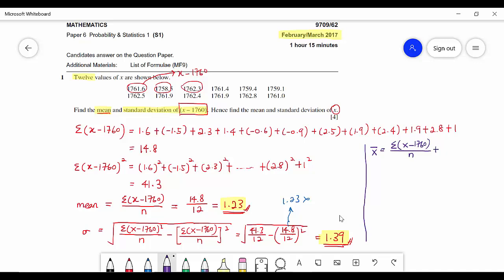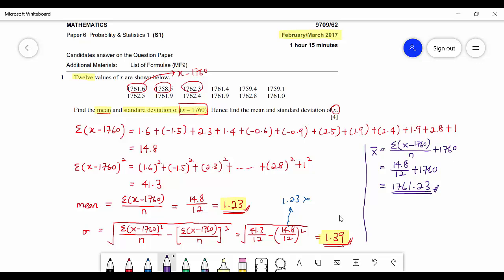You need to add back the 1760. So according to the answer that we get just now, I will get 1.23, or if you want, you can just write it as the original value that you get just now, which is 14.8 divided by 12 and then plus 1760, and therefore you'll get 1761.23.